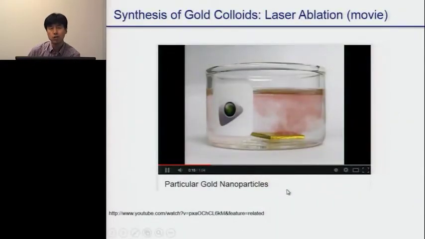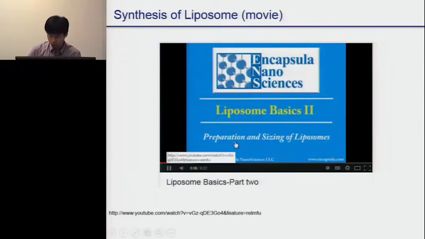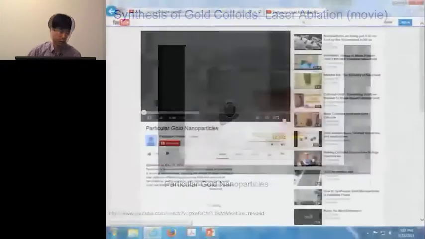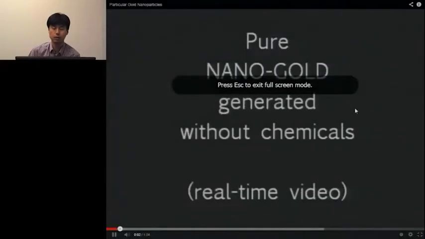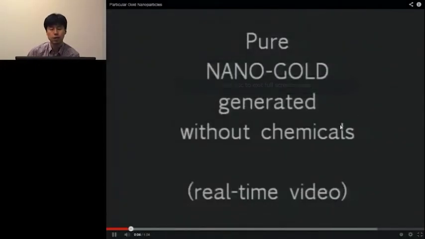So when I talked about the synthesis of the colloid, another way is a top-down method. We can start from a much bigger version of the material instead of synthesizing small structures out of much smaller forms of atoms.